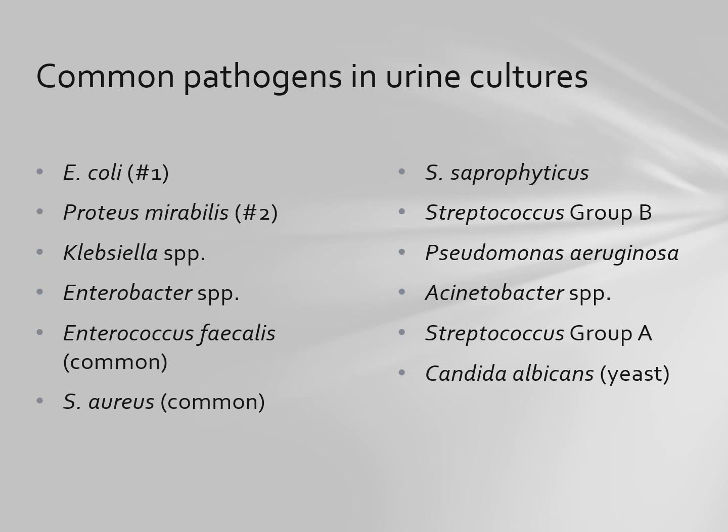Then Klebsiella, Enterobacter, Enterococcus faecalis and Staph aureus, Staphylococcus saprophyticus, Group B strep, Pseudomonas aeruginosa, Acinetobacter, those are our 2 non-fermenters, Streptococcus group A, and finally Candida albicans. These are all organisms that are more likely to cause urinary tract infections. But again, any organism can cause one.